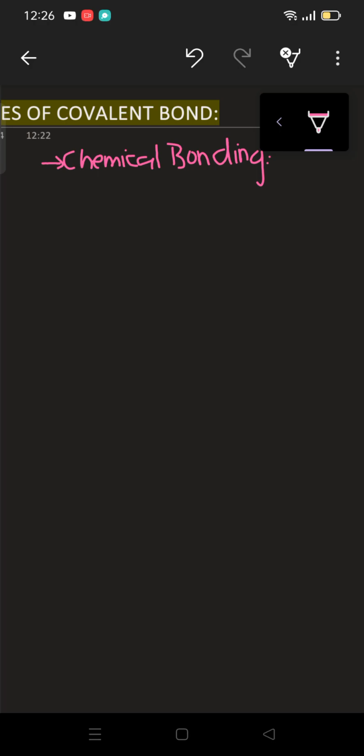But in some types, like the covalent bond, there is a proper attraction between the two atoms. They share their electrons with each other in the covalent bond, so that is known as bonding, right? So sometimes chemical bonding is a force between the two atoms, sometimes it is an actual bonding between the two atoms, right?